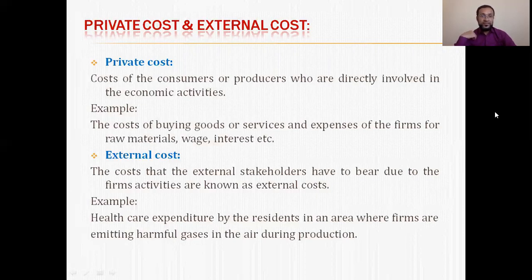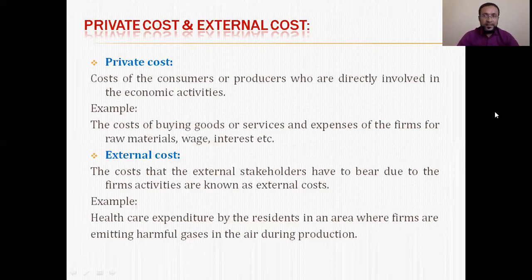Now external cost, the cost that the external stakeholders have to bear due to the firm's activities is known as external cost. That means external costs are the costs incurred due to the negative externality and borne by the third party. This is called the external cost.